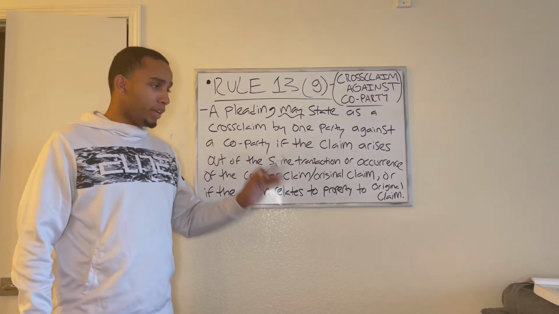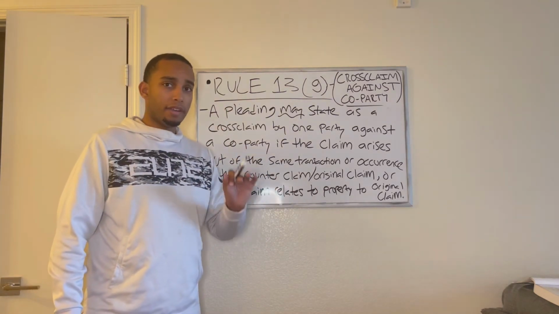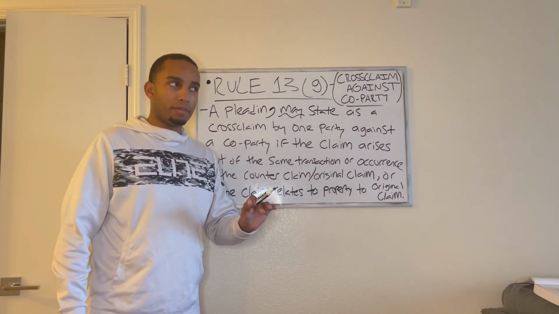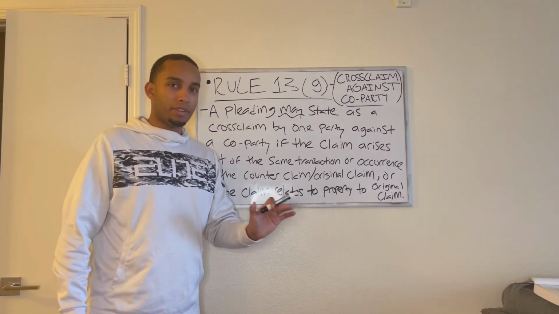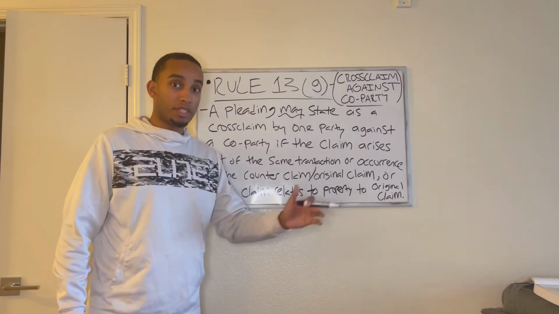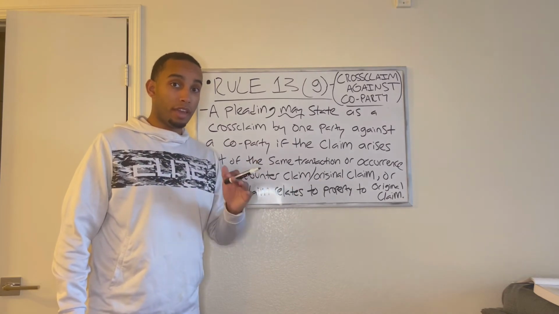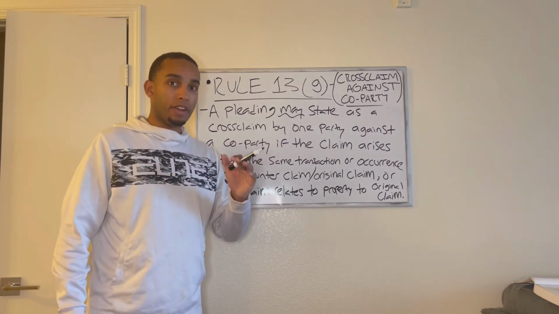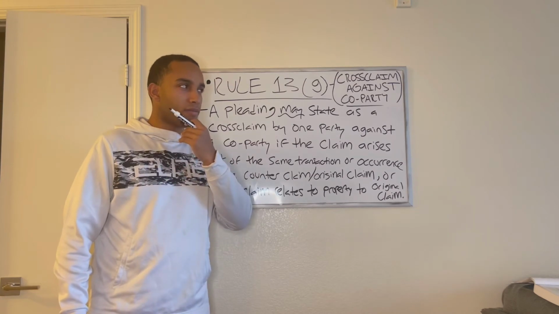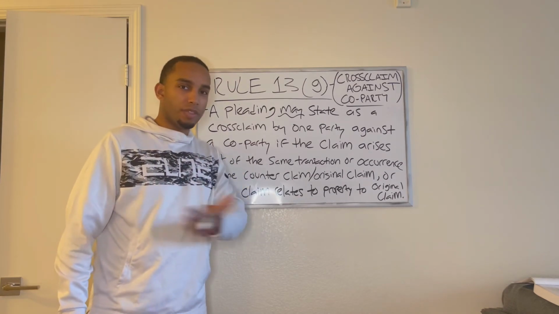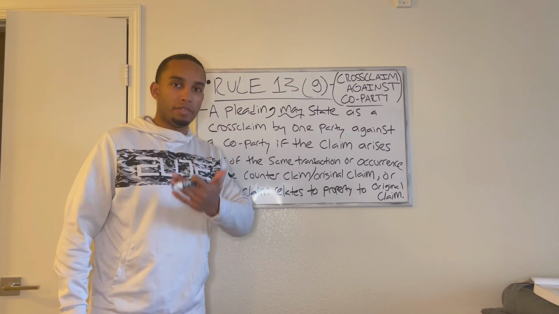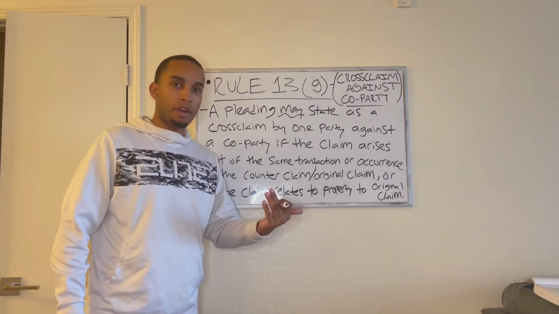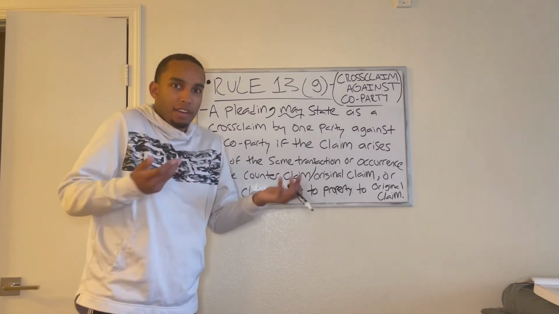Let's say that the plaintiff sues the defendant and the defendant's like, I'm not liable for that car accident. Remember the negligence case that we just talked about on New Year's Day? Now, the defendant's saying, wow, I didn't cause that accident. It was the other guy that hit my car, and then that caused my car to hit the plaintiff's car. So the plaintiff's kind of suing the wrong guy here.